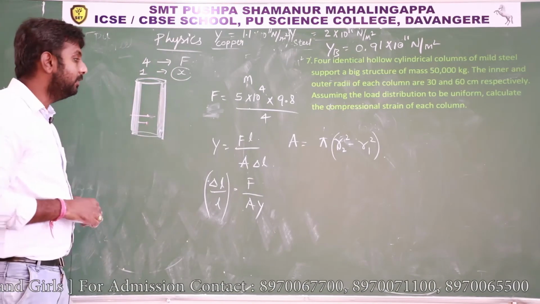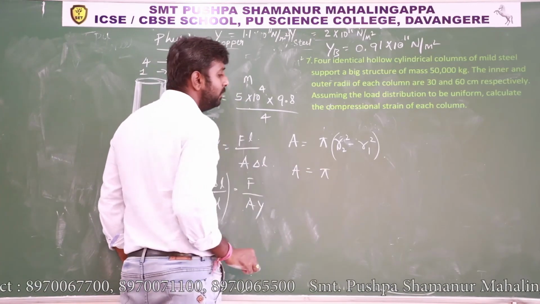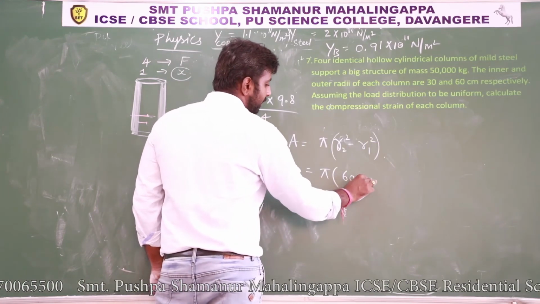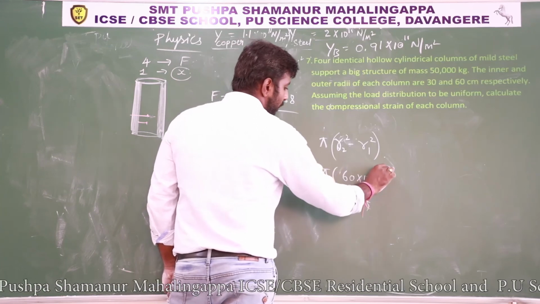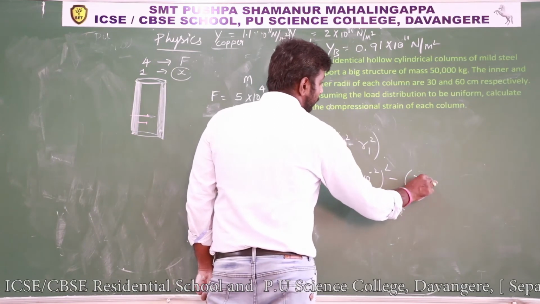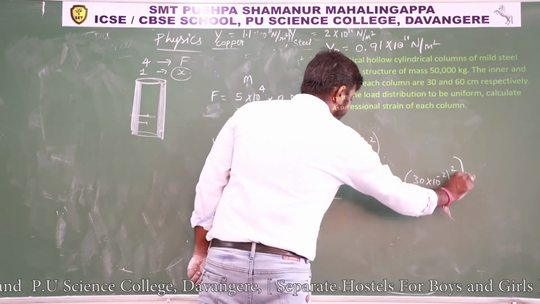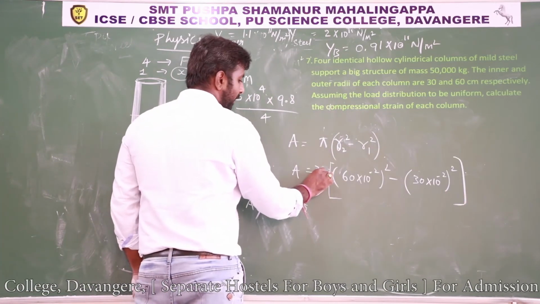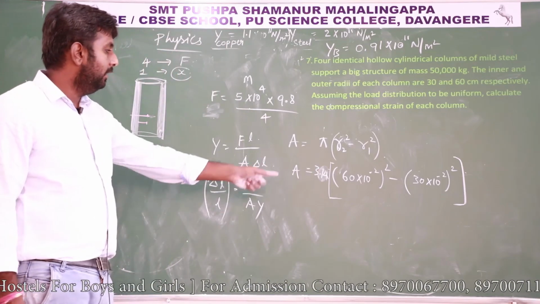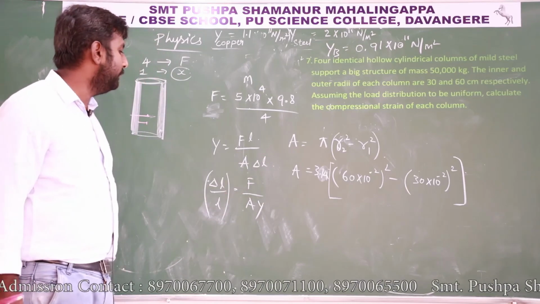Then A equals pi into r2, that is 60 centimeter, 60 into 10 to the power minus 2 whole square, minus r1, that is 30 into 10 to the power minus 2 whole square. The pi value is 3.14. That area value we have to substitute here.